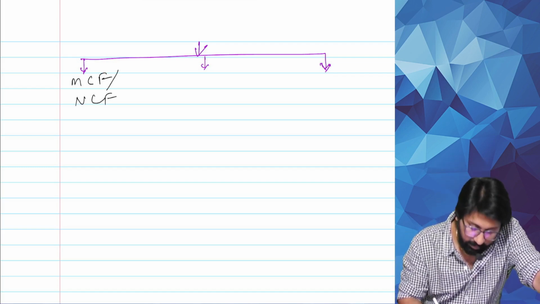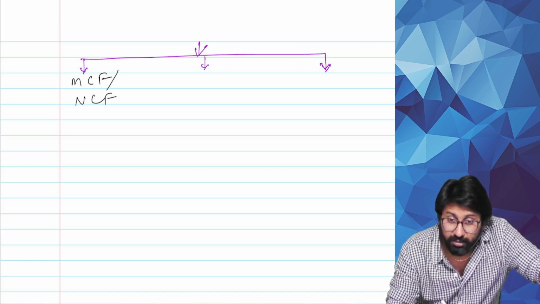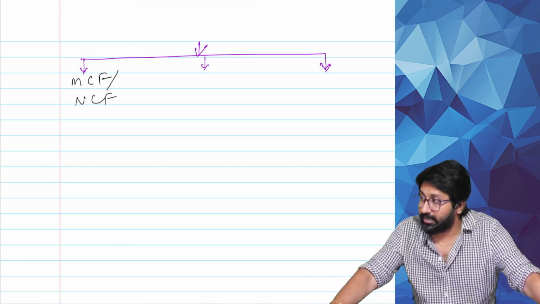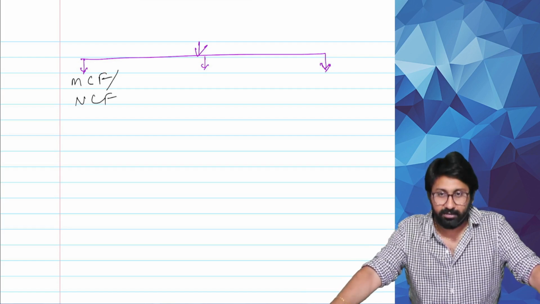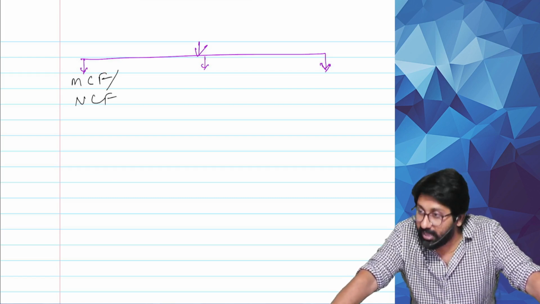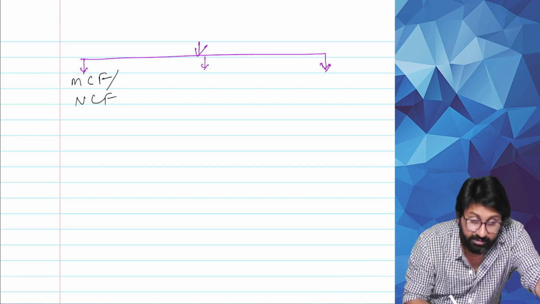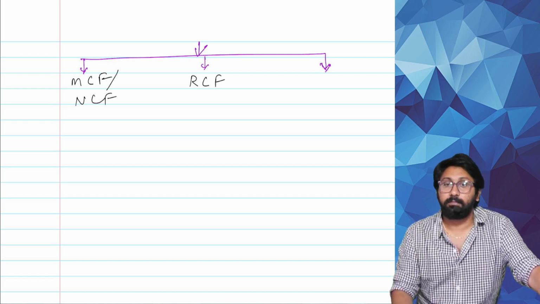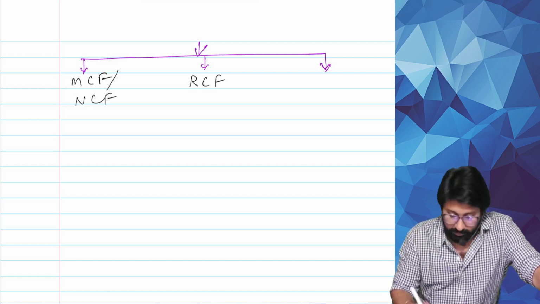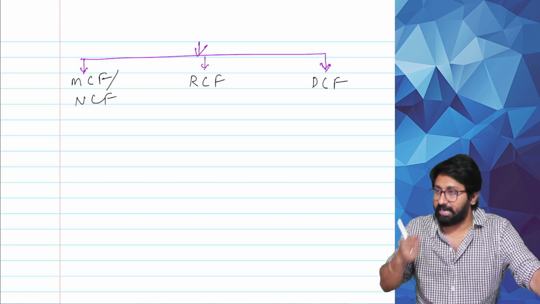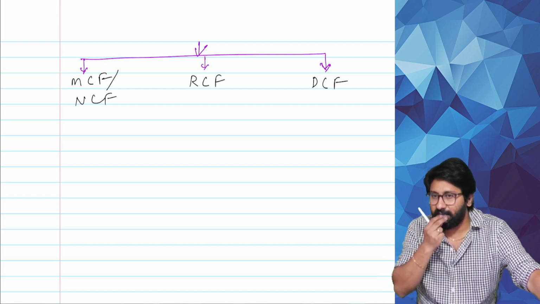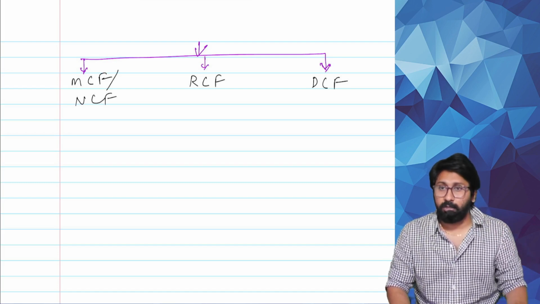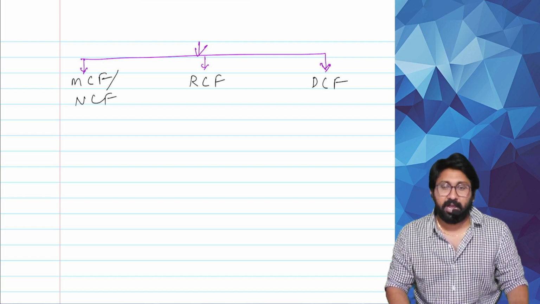Money cash flow, nominal cash flow, both are the same. Second one, real cash flow. What are the 3 types of cash flows? Money cash flow, real cash flow, discounted cash flow.